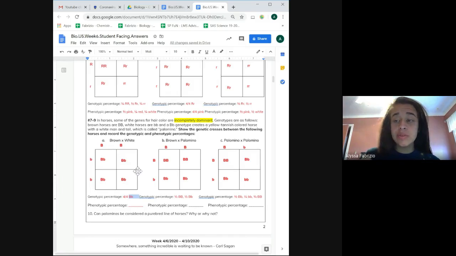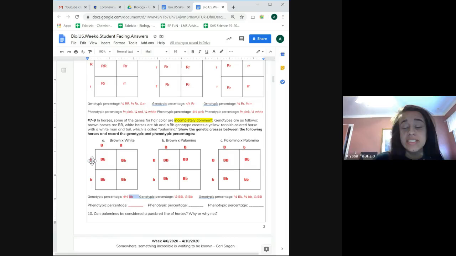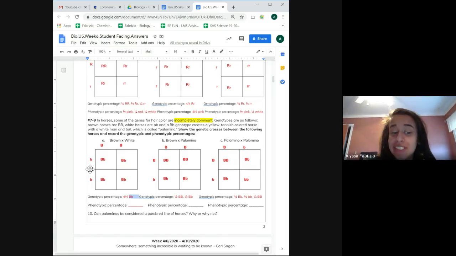Because a brown horse is homozygous dominant, it can only contribute the dominant alleles, represented by the uppercase B's, whereas a white horse is homozygous recessive, meaning it can only contribute a recessive allele, represented by the lowercase b's. So when they cross, the brown horse only donates the dominant allele and the white horse only contributes the recessive allele, no matter what. So they're always going to produce a heterozygous baby.